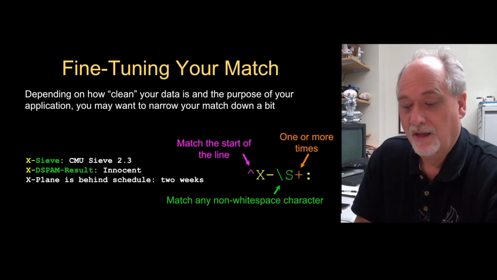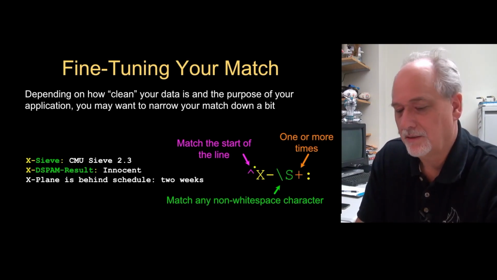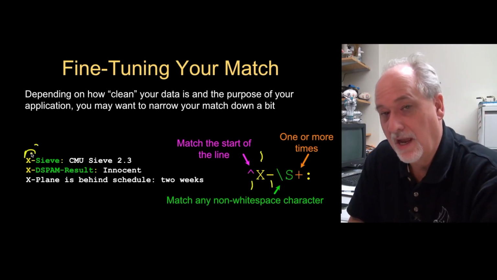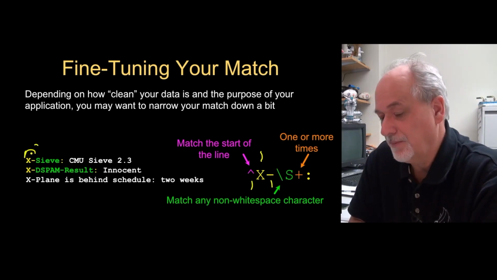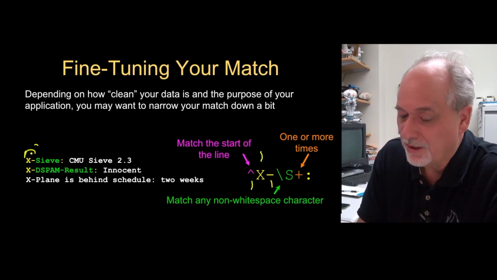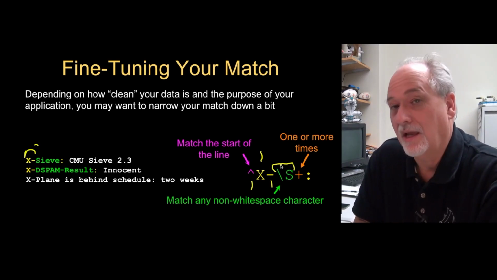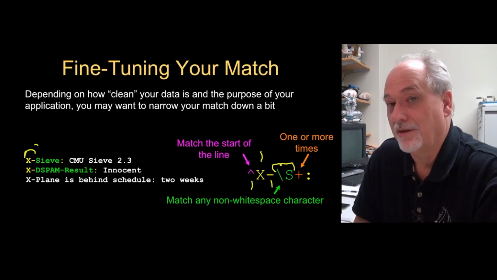So we can write code. Now we want to match the beginning of the line, and we want a capital X, and we want a dash. So now we're going to match those first two characters, X dash, at the beginning of the line. Caret X dash says first two characters of the line must be X dash. Now we have another special character. Again, refer to your cheat sheet. Backslash capital S means a non-white space character, any character other than white space.